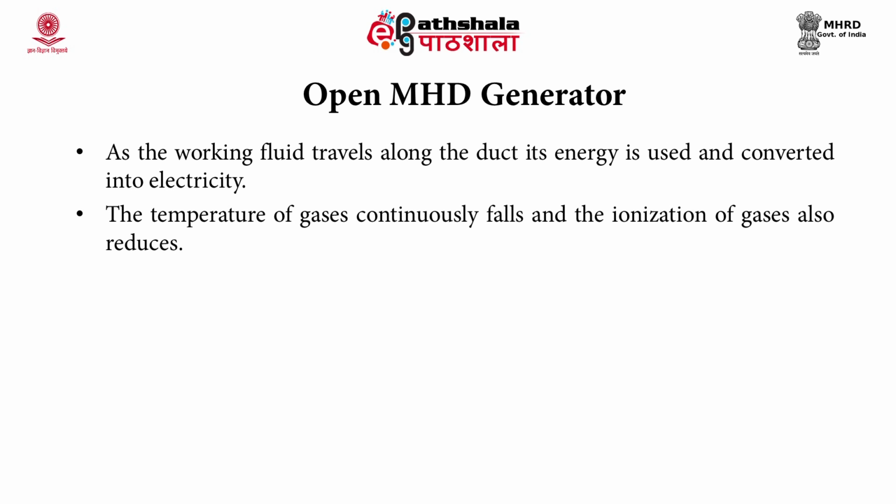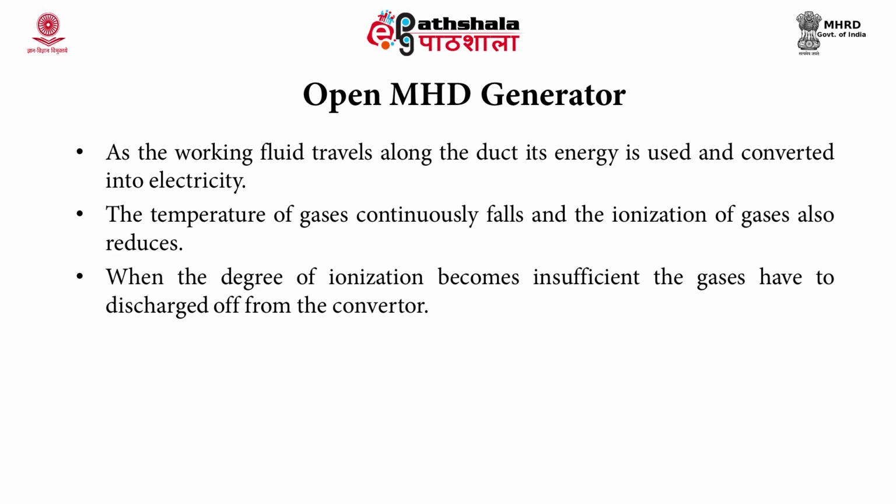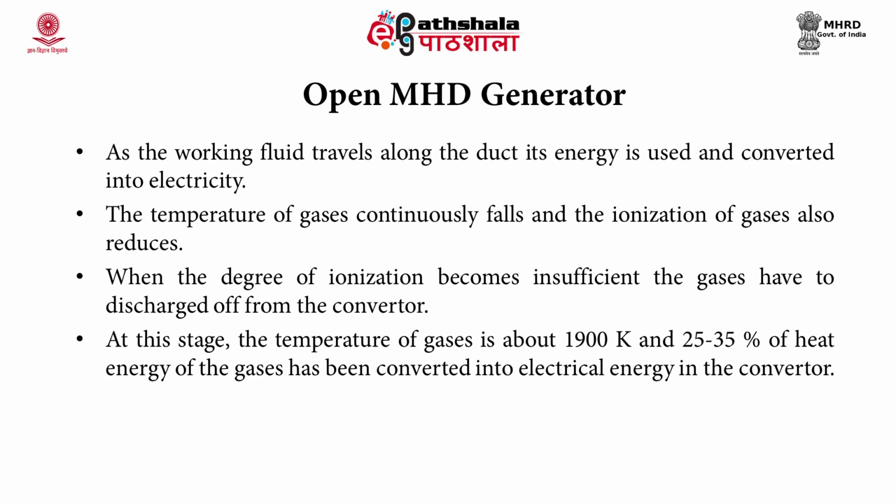The temperature of gases continuously falls and ionization of gases also reduces. When the degree of ionization becomes insufficient, the gases have to be discharged from the converter. At this stage, the temperature of gases is about 1900 Kelvin and 25 to 35% of the heat energy of the gases has been converted into electrical energy in the converter.